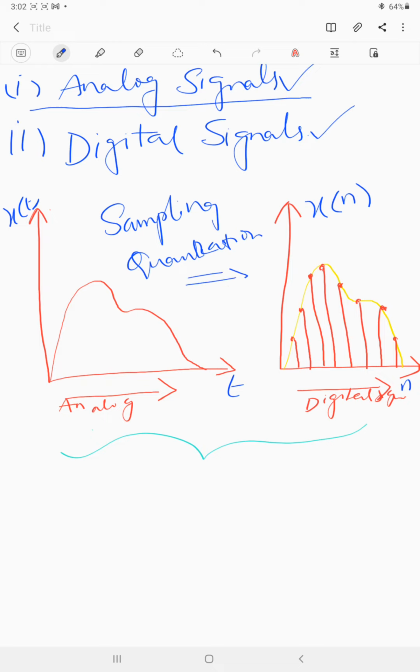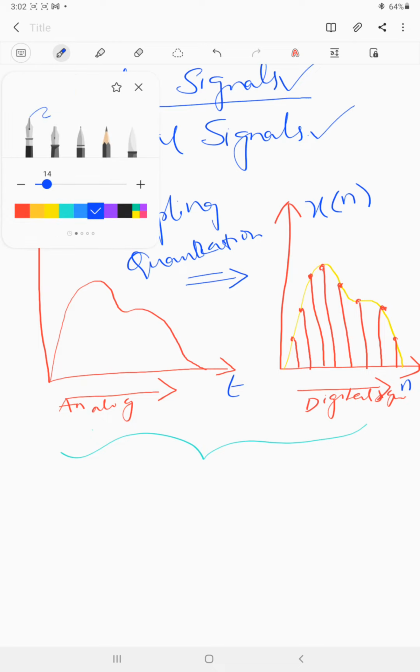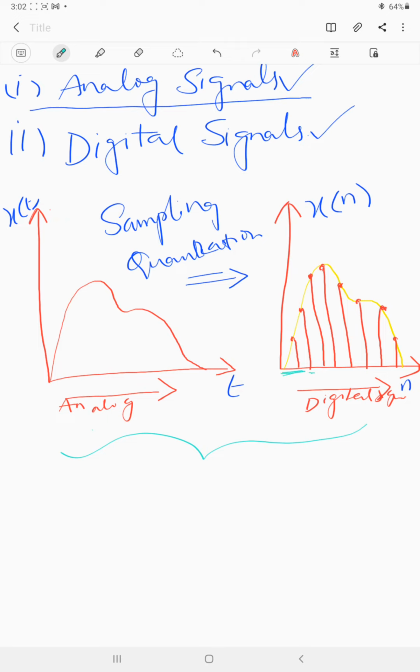What we will get here is that we convert this signal into digital form. First, to convert an analog signal into digital form, the signal is sampled at discrete intervals of time.